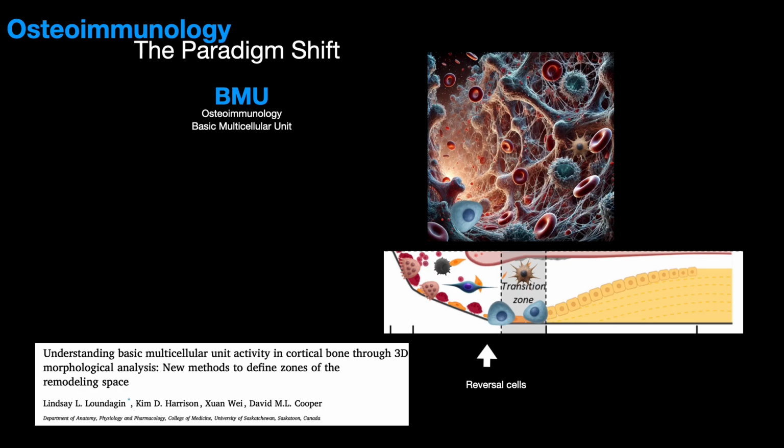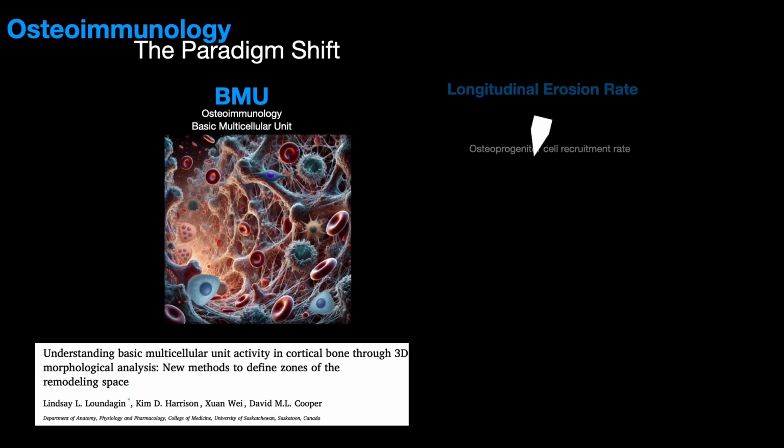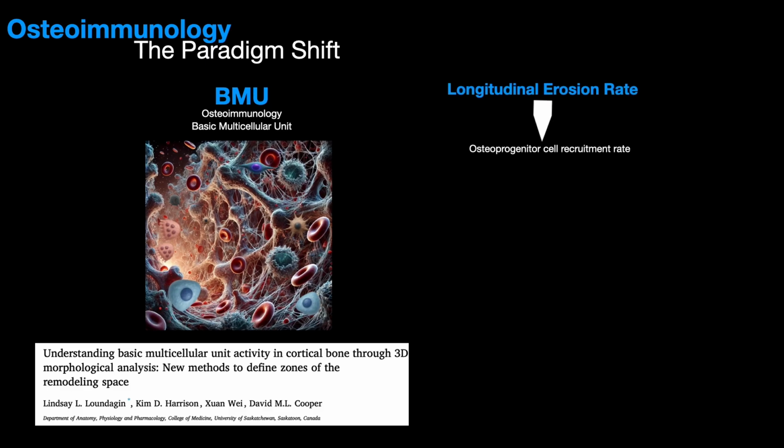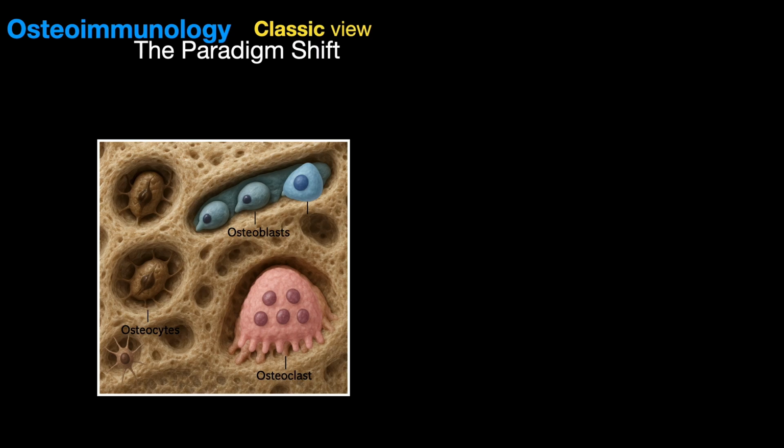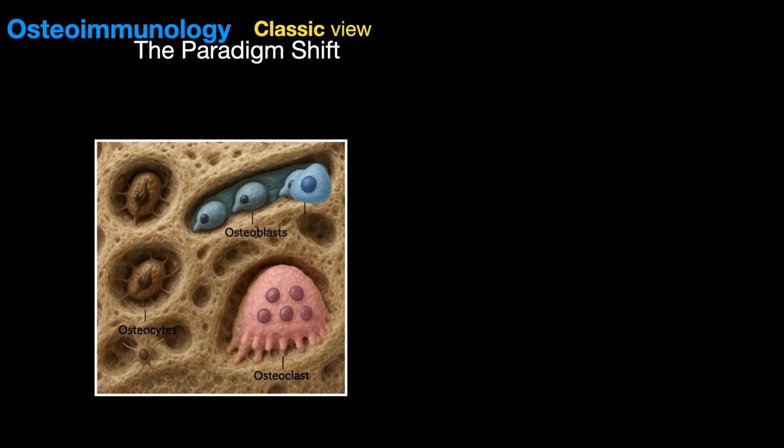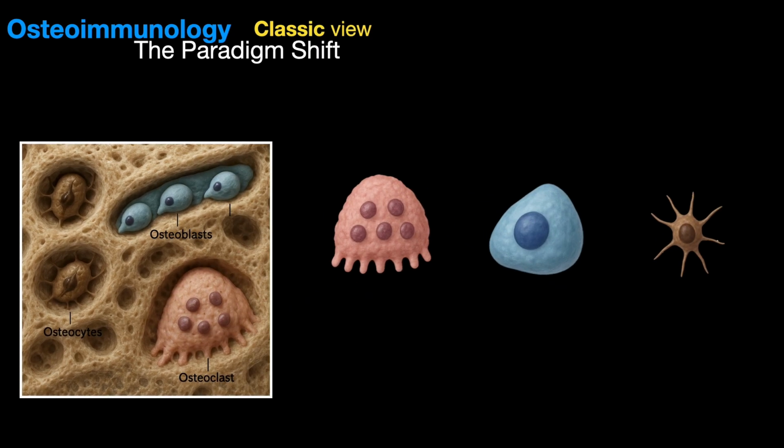We call them transition cells. We know as well that the speed or longitudinal erosional rate is directly influenced by the osteoprogenitor cell recruitment rate. Going forward, we will shift from the classic view into a more precise view.